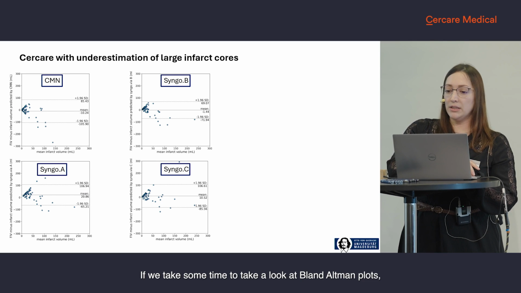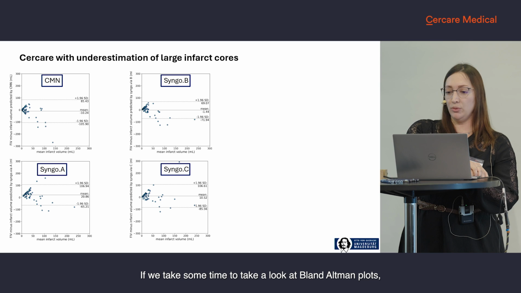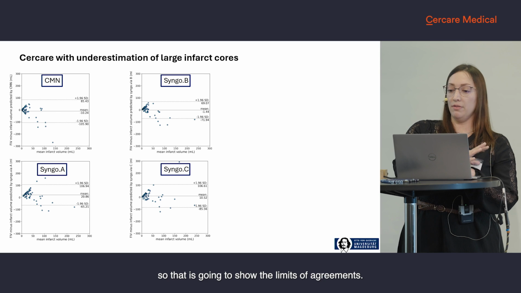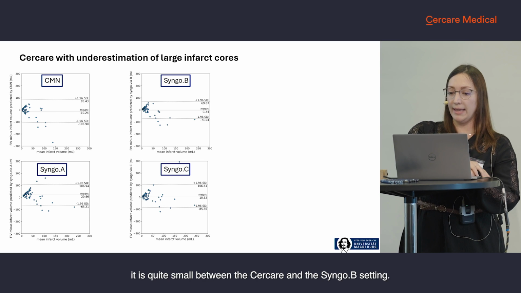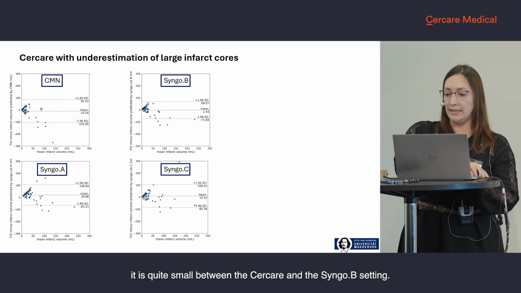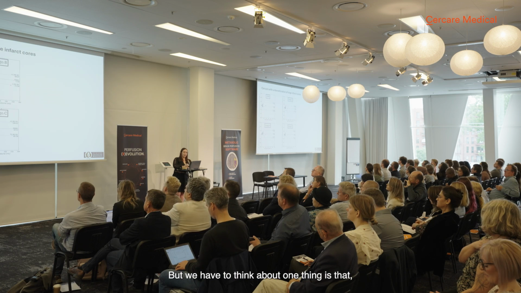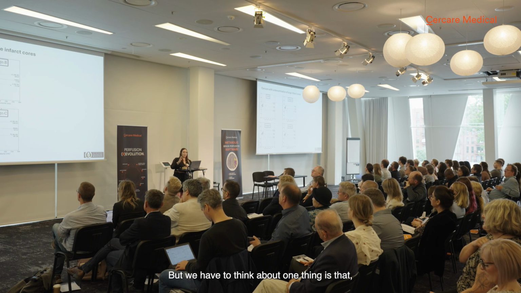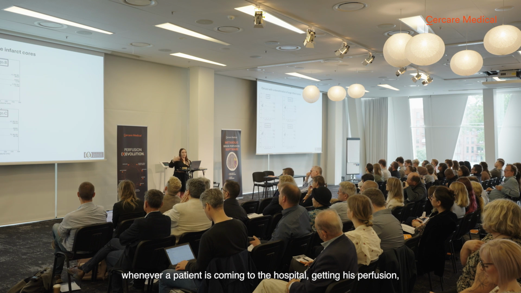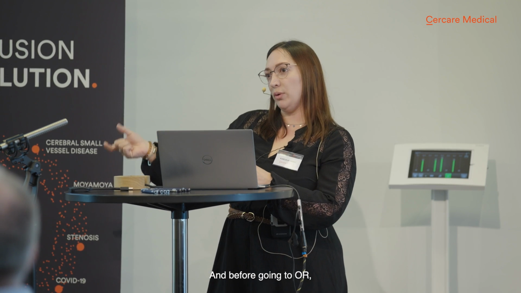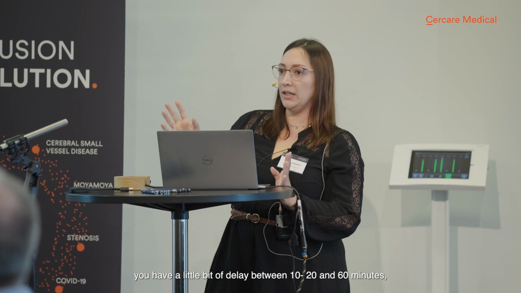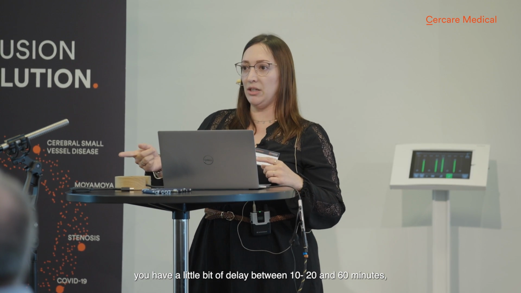If we take some time to look at Bland-Altman plots, that is going to show the limits of agreement. It is quite small between CERCARE and the Syngo B setting, but CERCARE tends to underestimate the core a little bit. But we have to think about one thing: whenever a patient comes to the hospital and gets his perfusion, before going to the OR you have a delay of between 20 and 60 minutes.